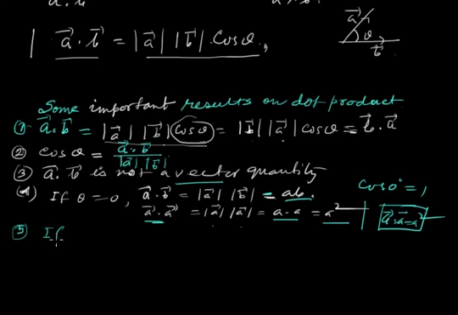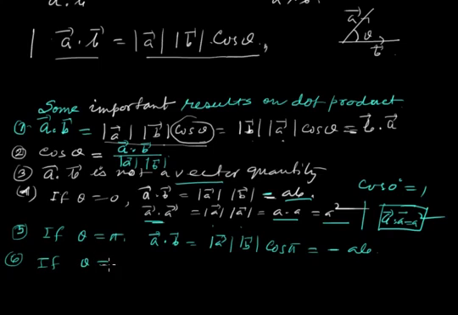If theta is equal to pi, then A dot B is equal to magnitude of A, magnitude of B into cos pi, and cos pi is minus 1, so this becomes minus AB.